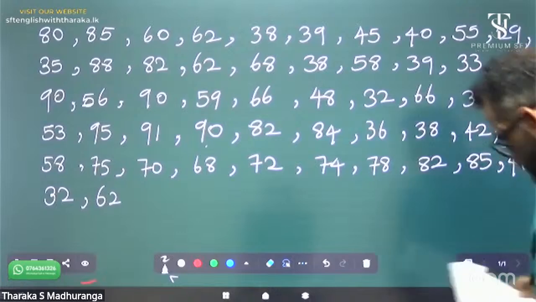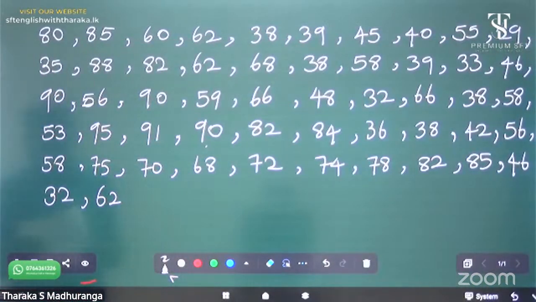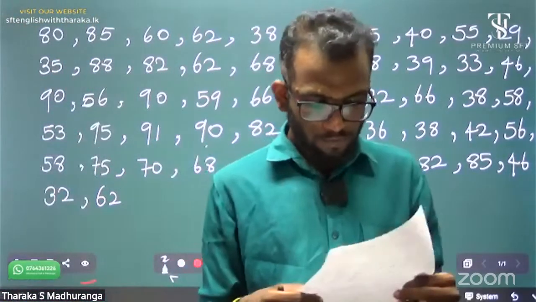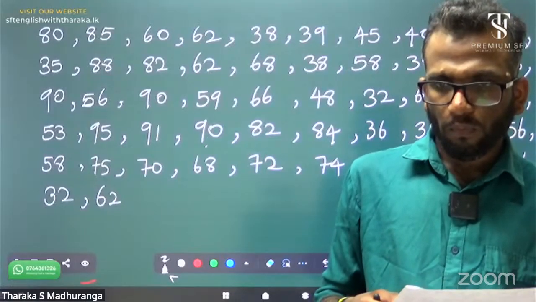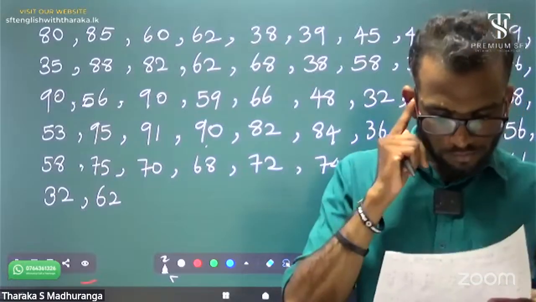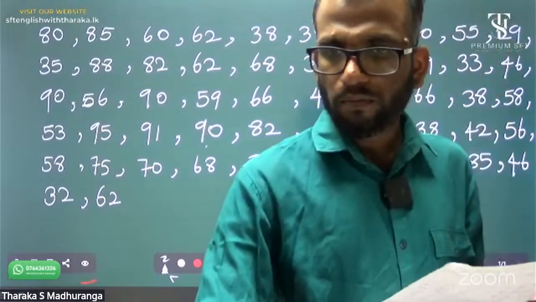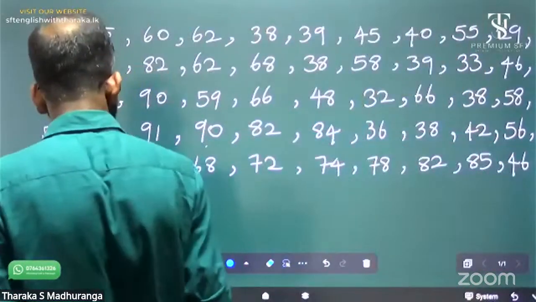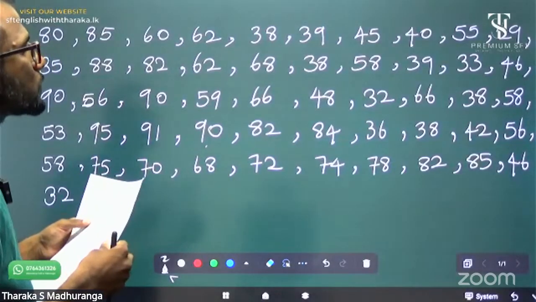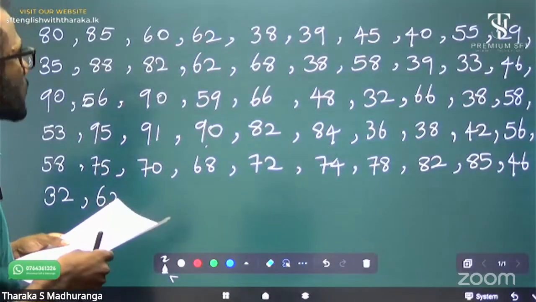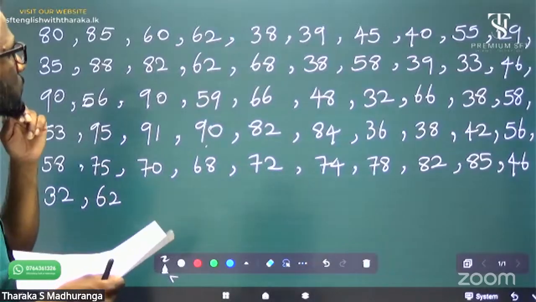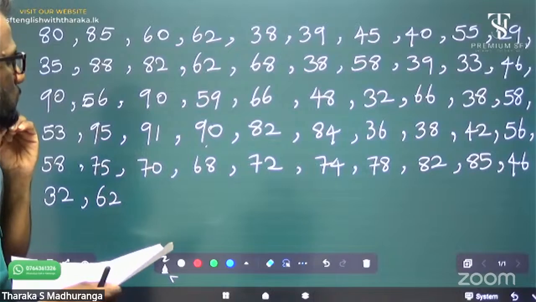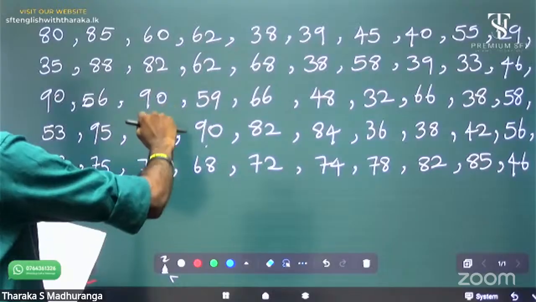Where did I miss this? In the question it is 50, but in my second writing it has 52. Then I have made a mistake. Can you check this? Ten, 20, 30, 40, 50, 52.